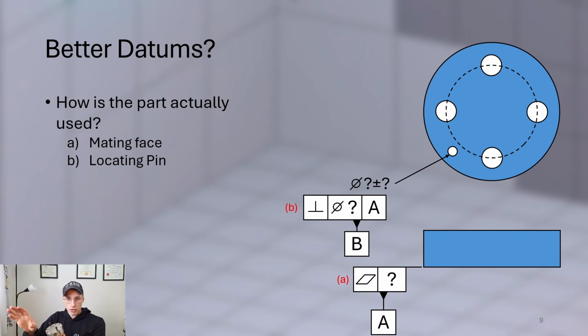Maybe there's a different case in their application, but typically the outer diameter of these flanges is just open to the atmosphere. So as far as a datum goes, it's not actually very useful because it's not physically constraining the part.